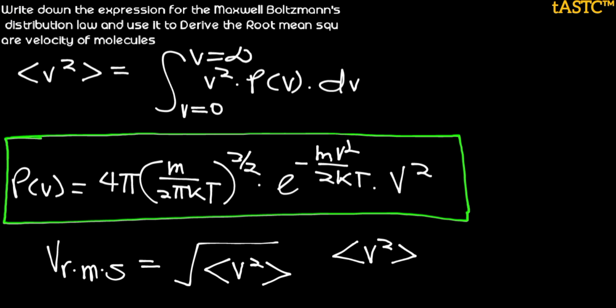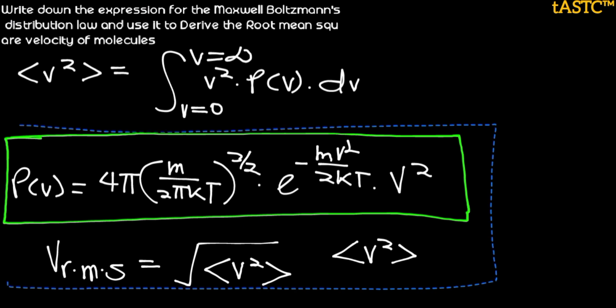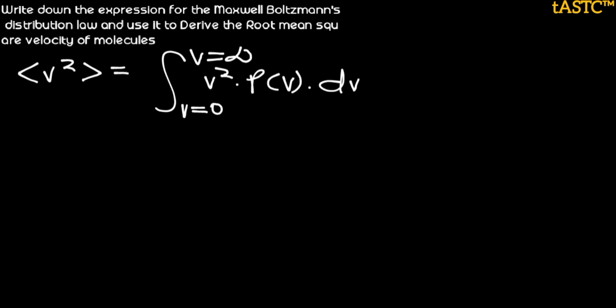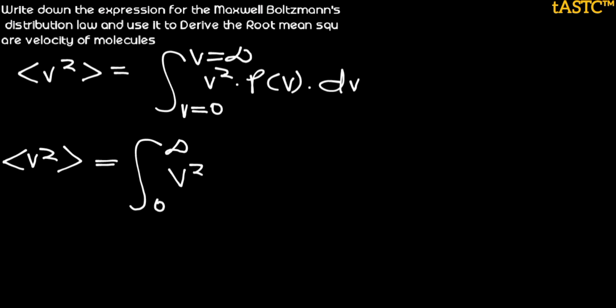This is basically what we need to find out, and from there we're going to plug it back into the equation and try to go on. So I just want to wipe these out for now. The next thing we need to do is take this, which we know is the distribution law, and plug it into this function. I'm just going to use an infinity here and a 0 here. We're going to have a v squared here, and we need to write out the distribution law.